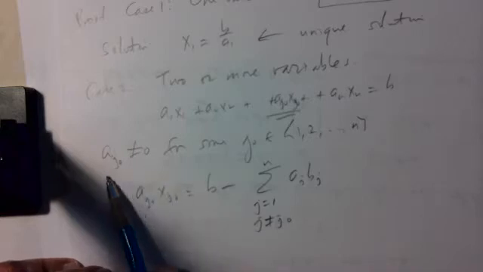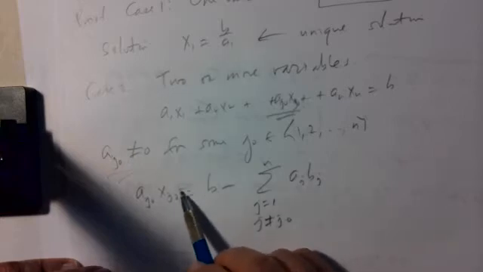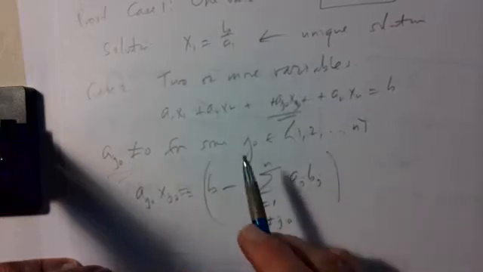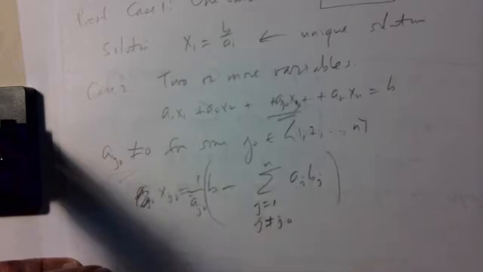And a sub j naught is different from 0, so you can divide by it. One over a sub j naught. And this is a solution.